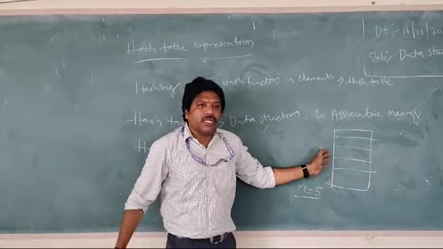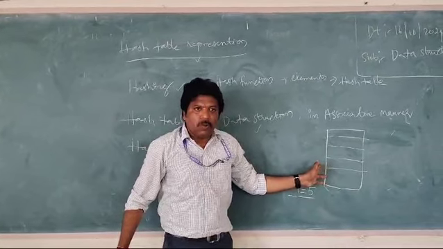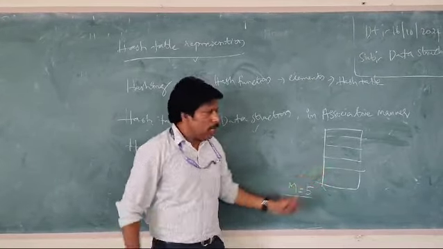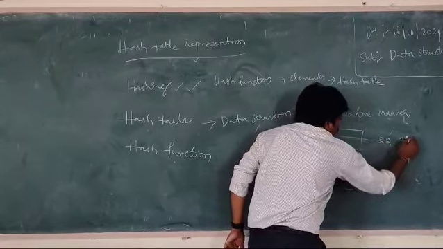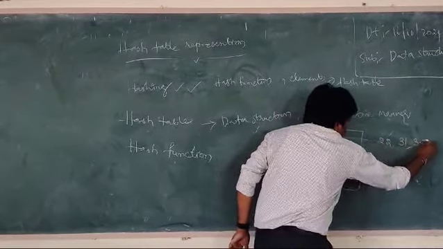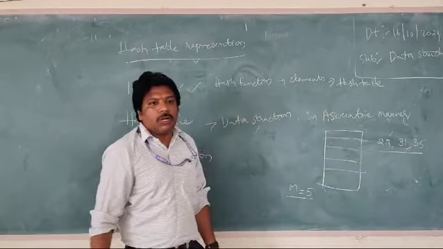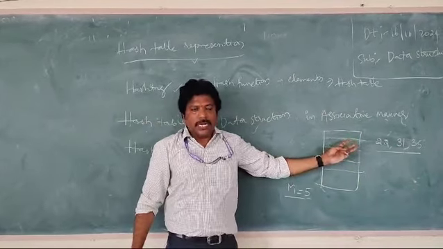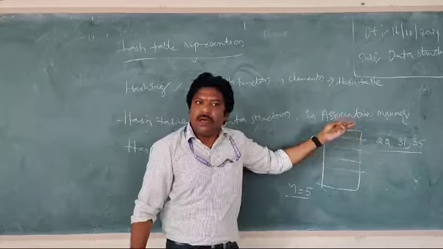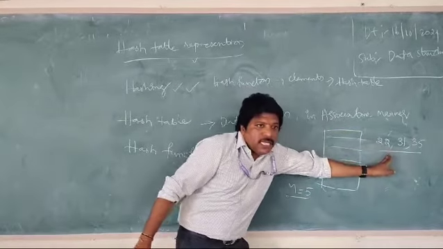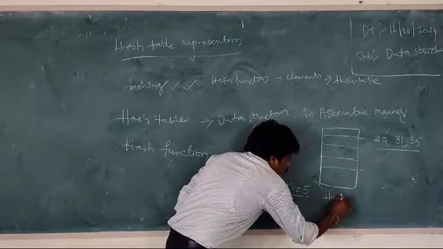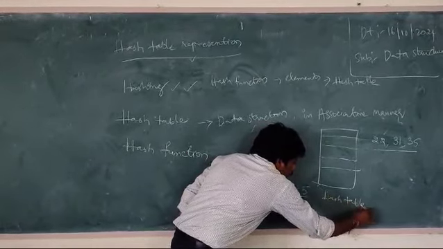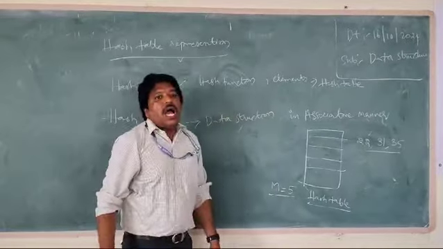So how many locations are there in the hash table now? 5. The actual data elements are 22, 31, 35. How many elements are there? Three elements. Let us assume, as an example, only 3 elements. Where are these 3 elements going to be stored in this hash table?